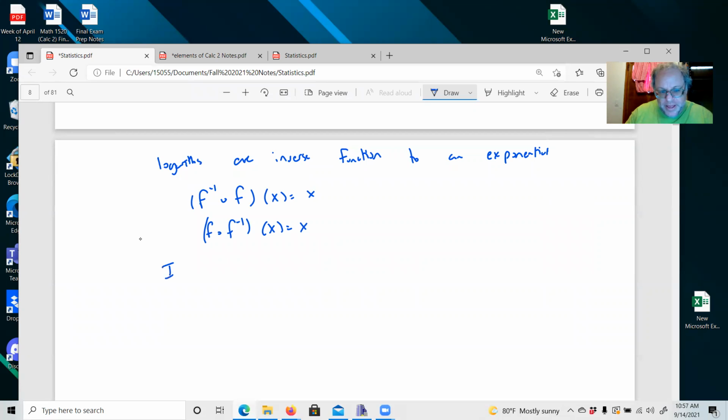If you want to undo, okay, it's a very precise mathematical term there. If you want to undo an exponent, you apply a log.